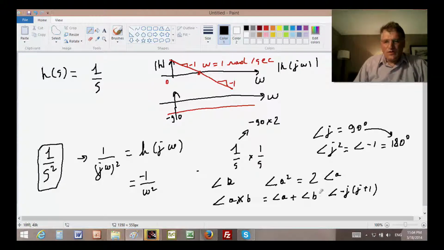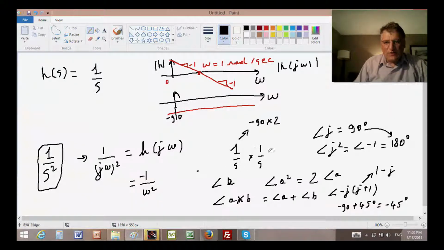And we'll see, for example, this is the case for the phase of minus J times J plus 1. The phase of minus J is minus 90 degrees plus, well, J plus 1 has a phase of 45 degrees. And so it is minus 45 degrees. And now we can check that by computing this number, which is 1 minus J. And indeed, the phase of 1 minus J is minus 45 degrees.